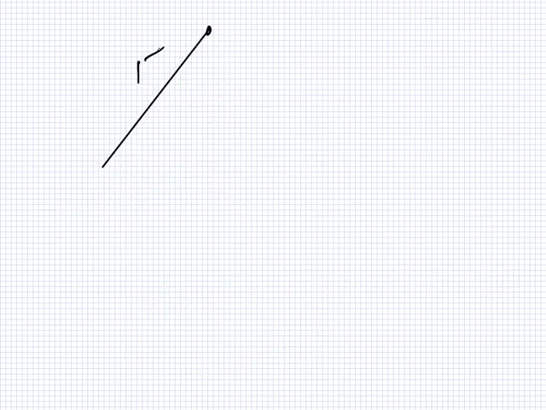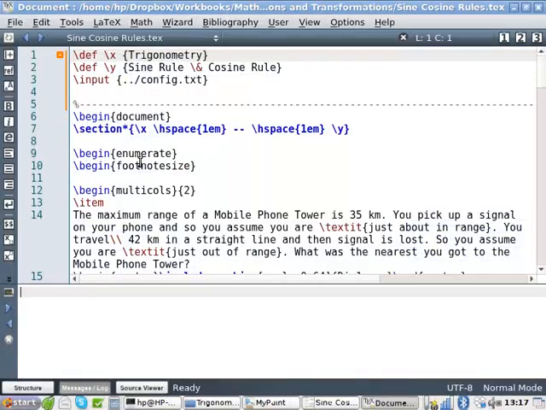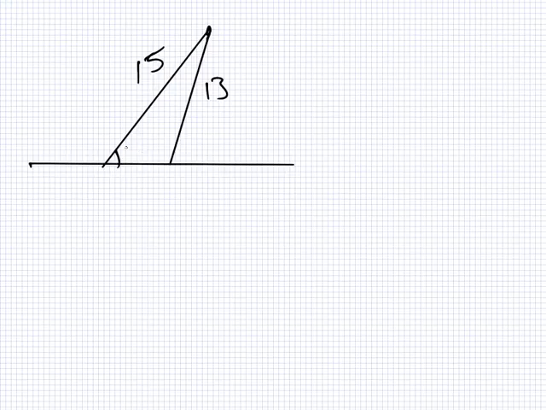Here is 15, and then here is 13, and then it goes across here, and this angle is what was that one? The first one is 53.1, and the second one is 67.4. So that changes this angle.